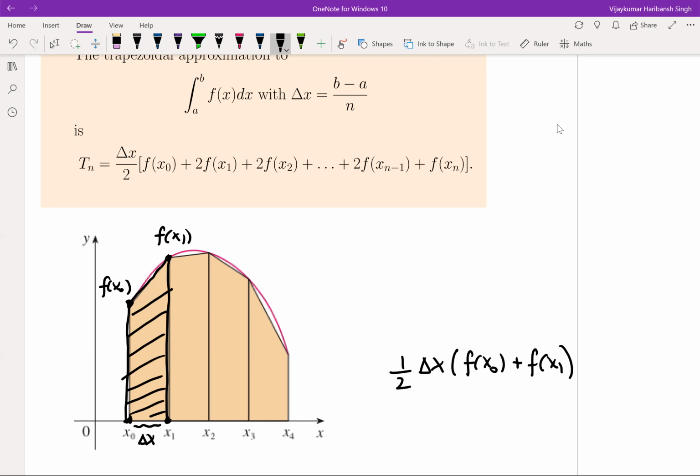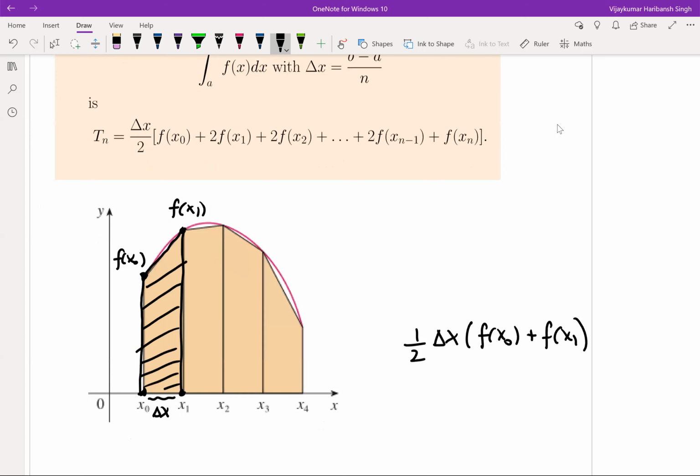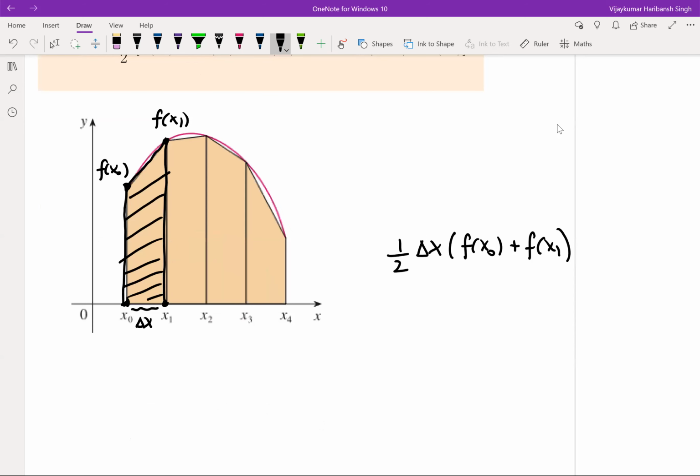This is the area of one trapezoid. So if you add all of them up, you get delta x by 2 times, for the first trapezoid, f of x0 plus f of x1.